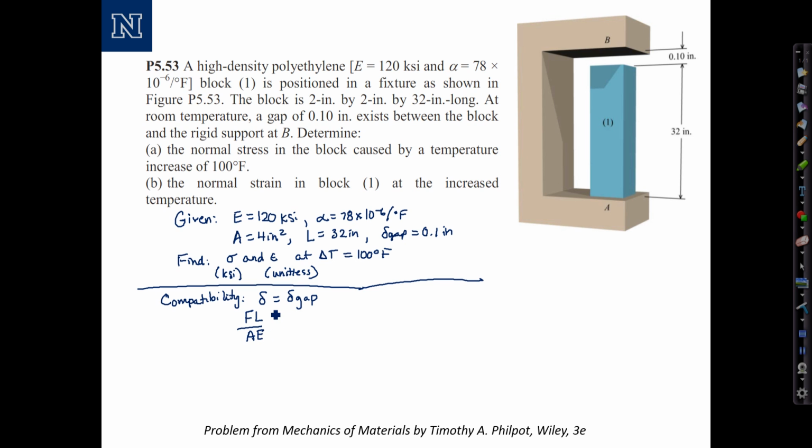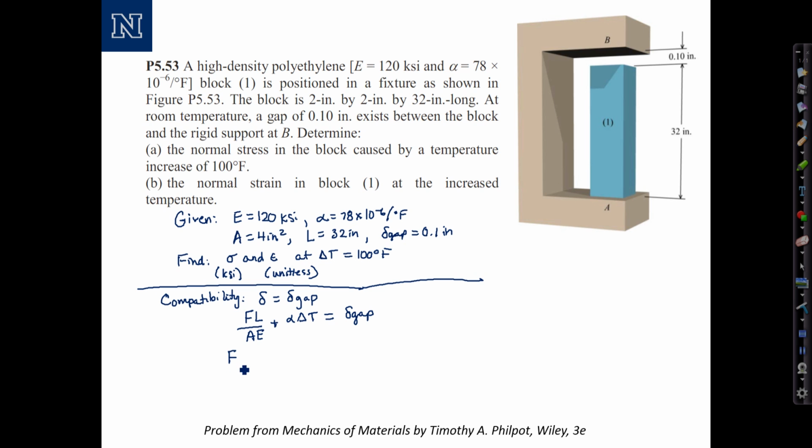So that's the portion of the deflection due to internal force in the bar, plus the thermal expansion, which gives us a deflection according to alpha delta T times L. And the sum of those two terms would be the total deflection, and we'll set that equal to delta gap. Okay? And that's it. We don't need an equilibrium equation for this problem. All we need is compatibility, and we can use that to solve for the internal force.